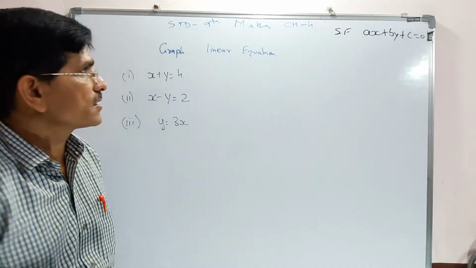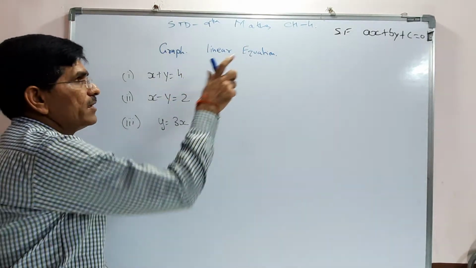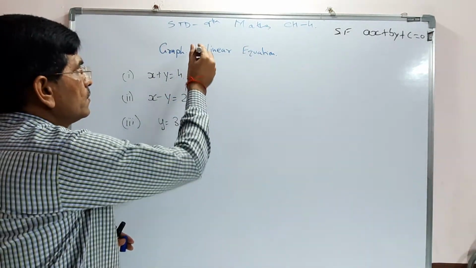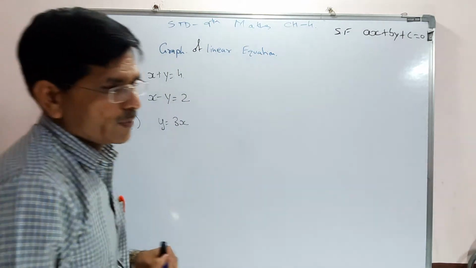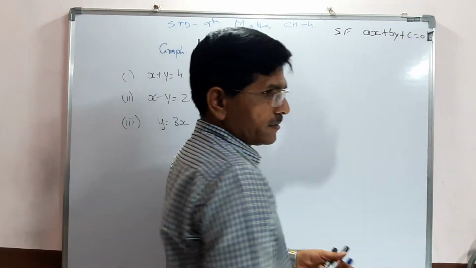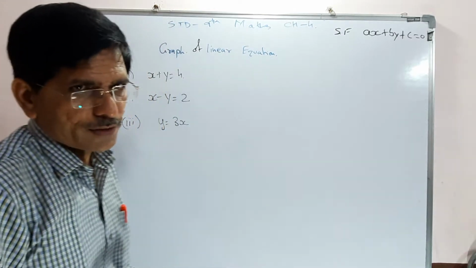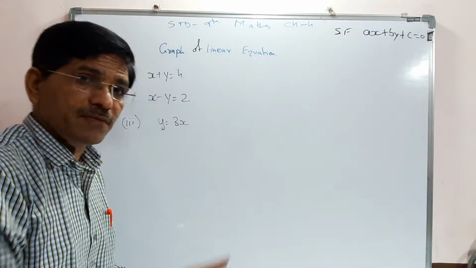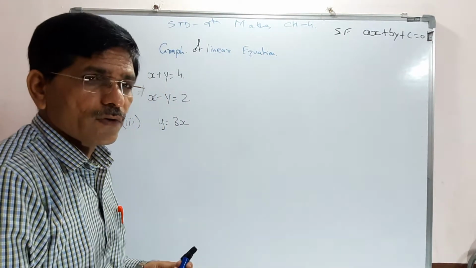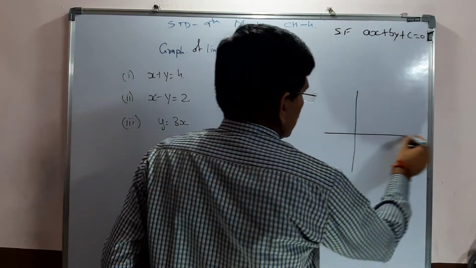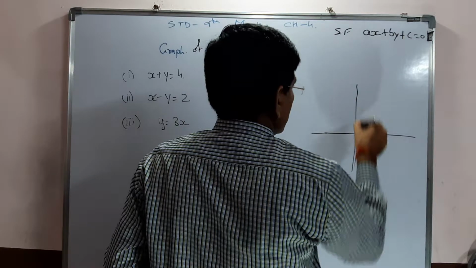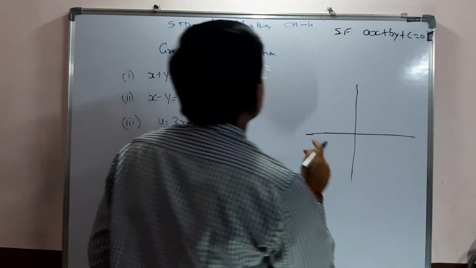Now we want to discuss today the graph of a linear equation. So different graphs we can draw, but for the basic concept of the graph we have to go to chapter number 3.